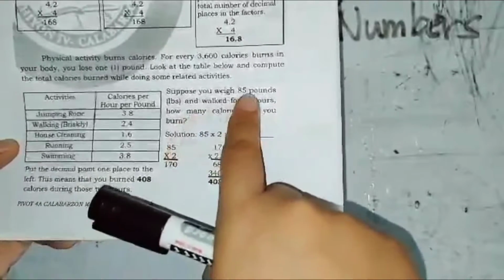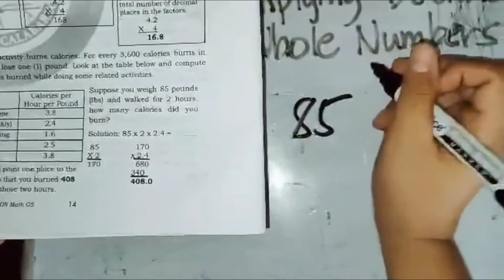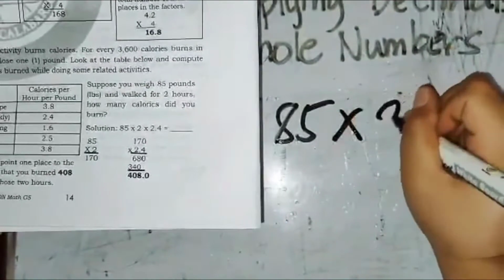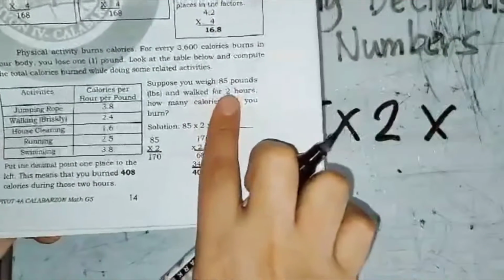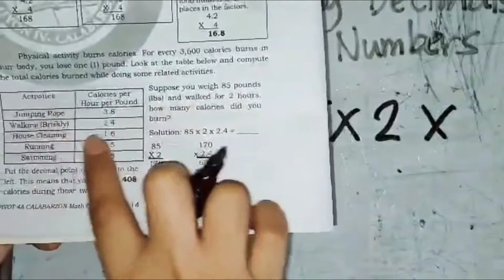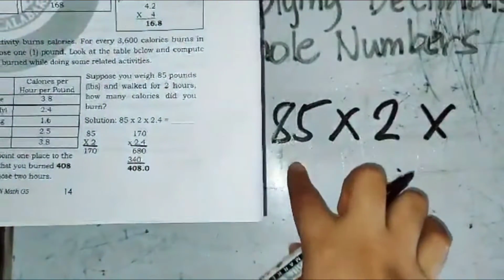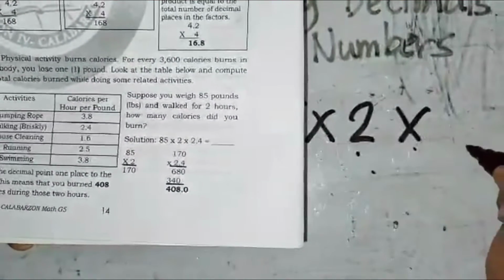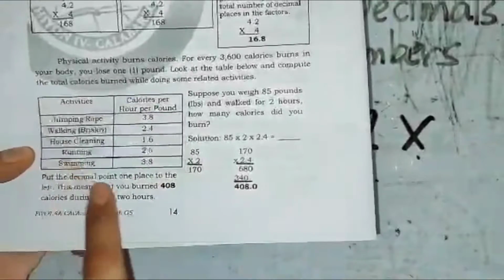Okay, so first off, ilagay muna natin yung number sentence. Okay, you have 85 pounds here. And then, nag-walk ka daw ng 2 hours. Times. Okay, dito magagamit yung table mo. After mo malagay yung pounds, yung kanyang weight, and then yung hours, times yung third factor natin dyan ay titingnan mo dito sa ating table.